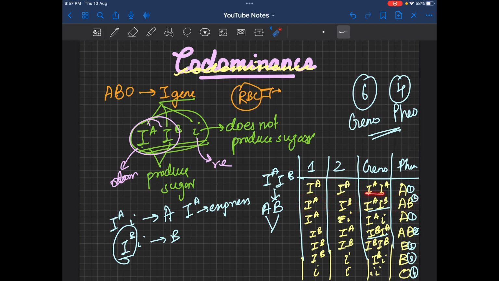Otherwise, it's normal dominance. In IB small i and IA small i, we have A here and B here, right? This is normal dominance. But IA IB and IB IA are examples of codominance. So we are just differentiating between the dominant one and the codominance one.